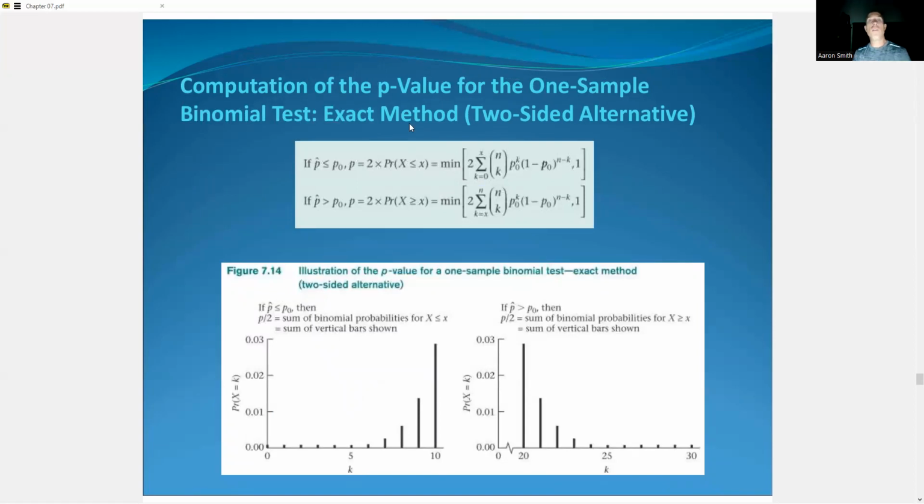All right, computation of the p-value for the one-sided binomial test, exact method. With the exact method, I have to actually go through and crunch this out. This is super easy by computer. We just drop it in R or SPSS and it does it like that. Easy peasy, lemon squeezy. Back in the day when people were doing it by hand, this was kind of tedious, so they would use the central limit theorem to approximate the number using a normal distribution.